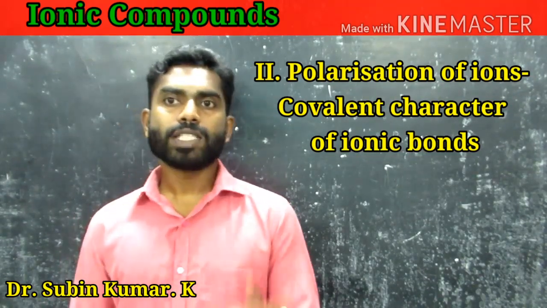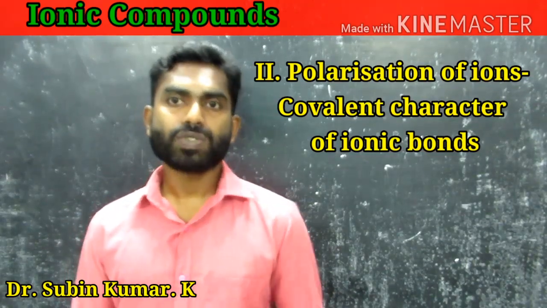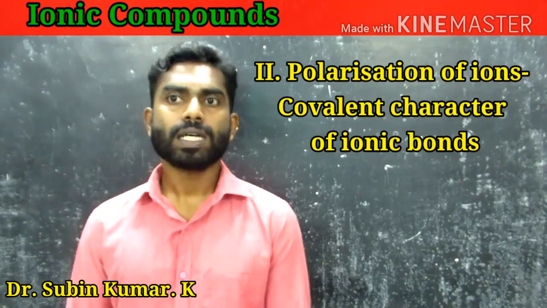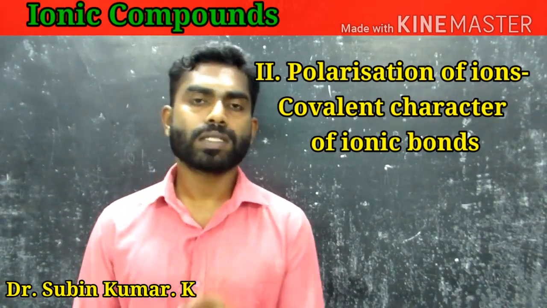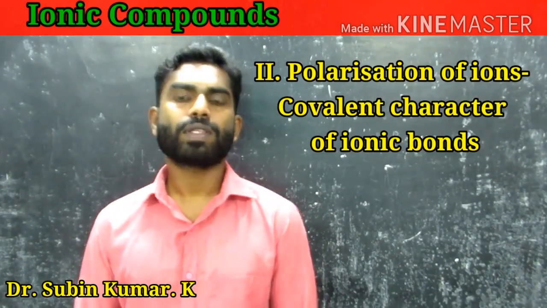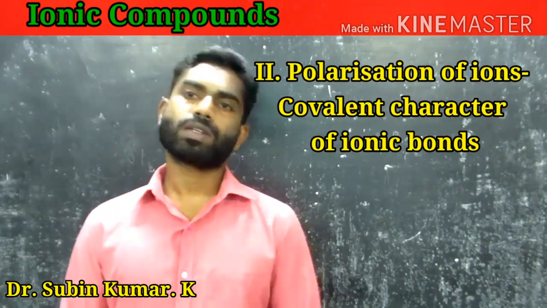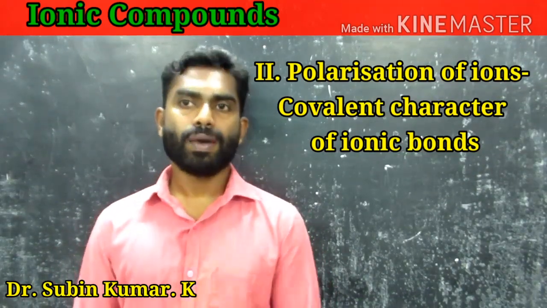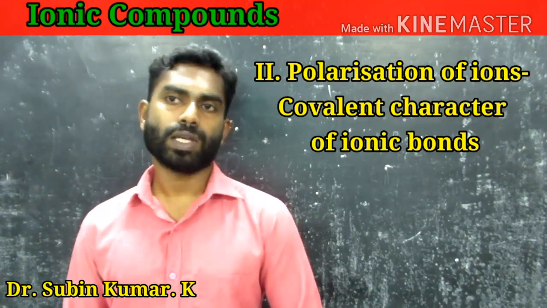Okay, in isolated ions, cation or anion, the electron cloud remains spherically symmetrical with respect to the nucleus.